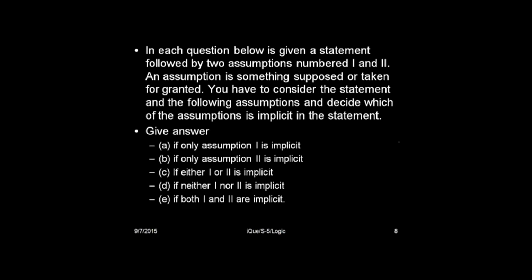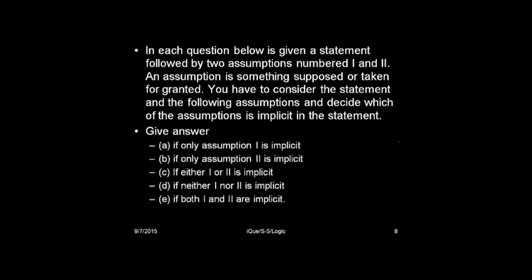The instructions for each of these questions is pretty much the same, and it is, in each question below is given a statement followed by two assumptions numbered 1 and 2. An assumption is something which is supposed or taken for granted. Now, you have to consider a statement and the following assumptions and then decide which of the assumptions is implicit in this statement.